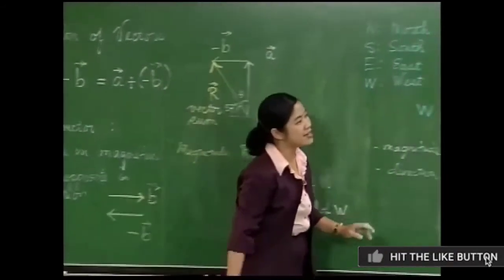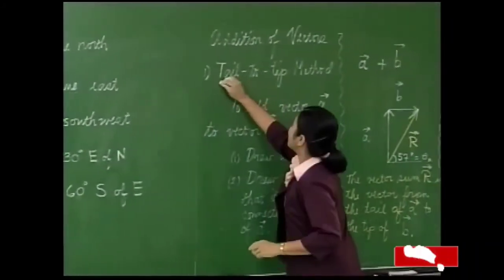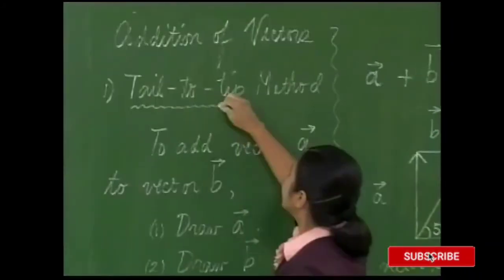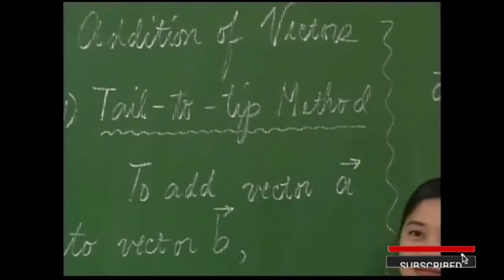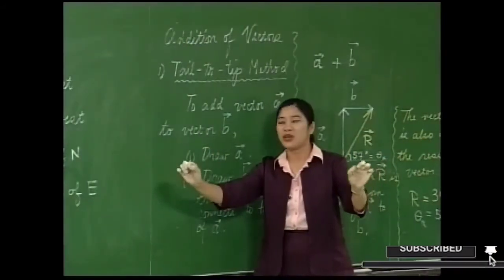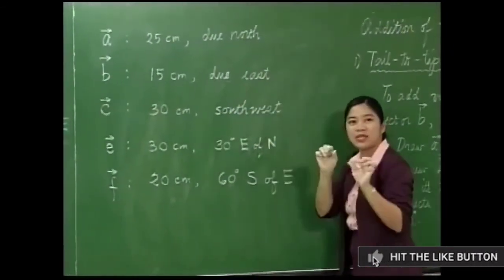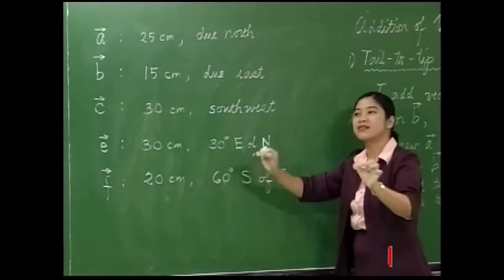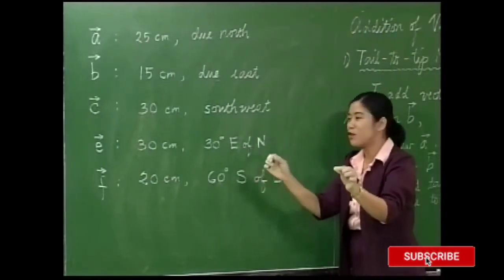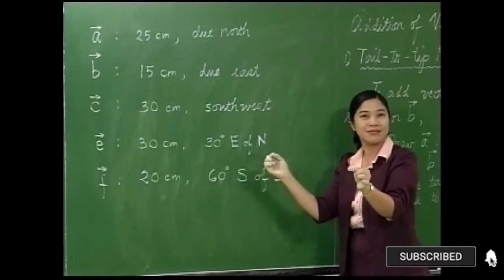What we have done is to apply the tail-to-tip method. This is drawing vectors. You take a vector, you know its length, you know its direction, you simply draw the vector with your pencil, or for me it's the chalk, which is of course very bad because it's not accurate.